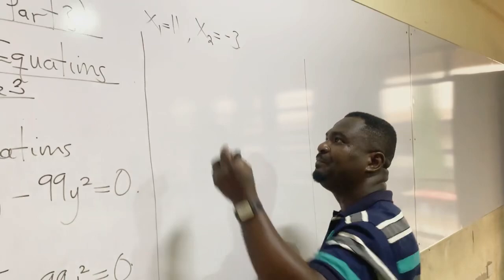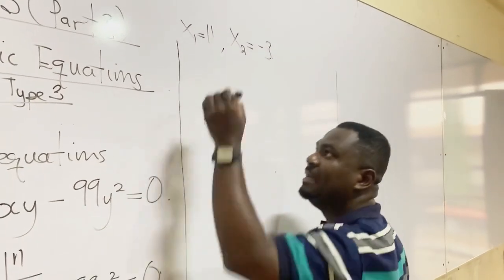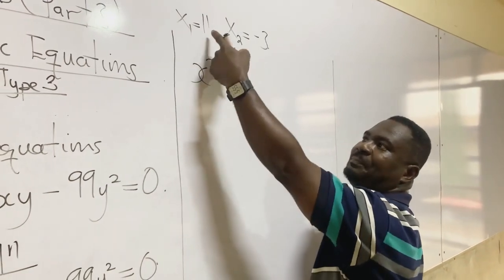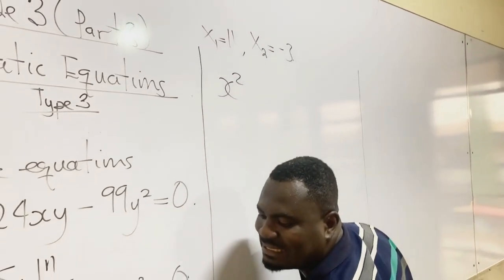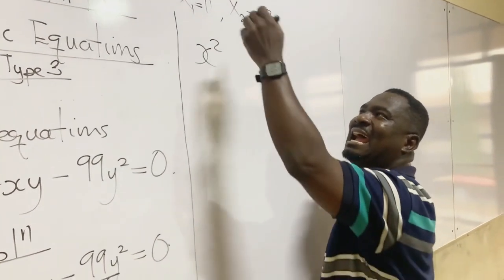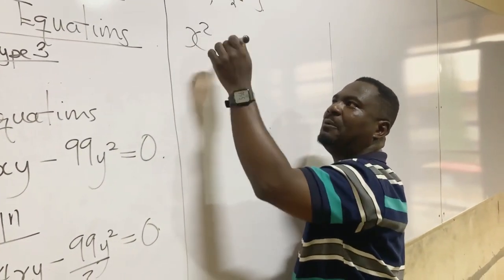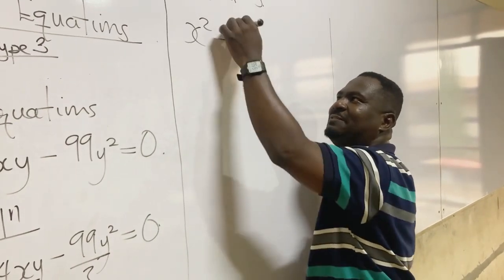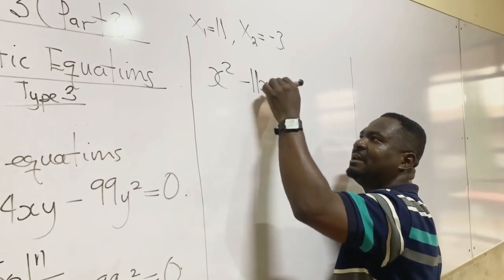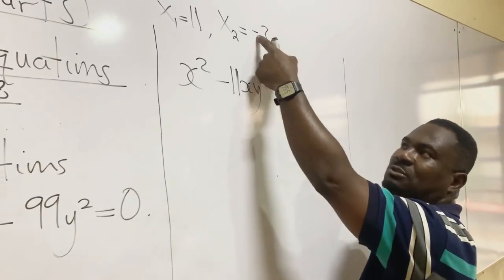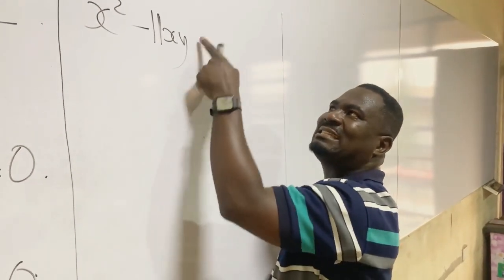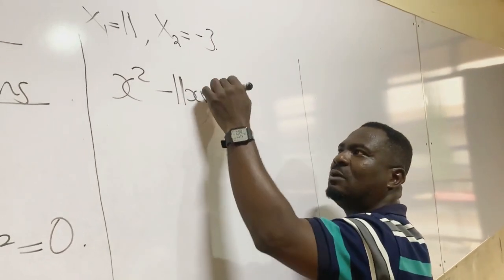So you maintain the first term, which is x squared. Now you are replacing this -8 with these 2 numbers. Anytime the calculator gives you a positive number, when you are writing it, you write it as negative. So negative x, the variable there is x and y, so you place it here. The next critical value is -3, and when you are writing it, if it is negative, you write it as positive.